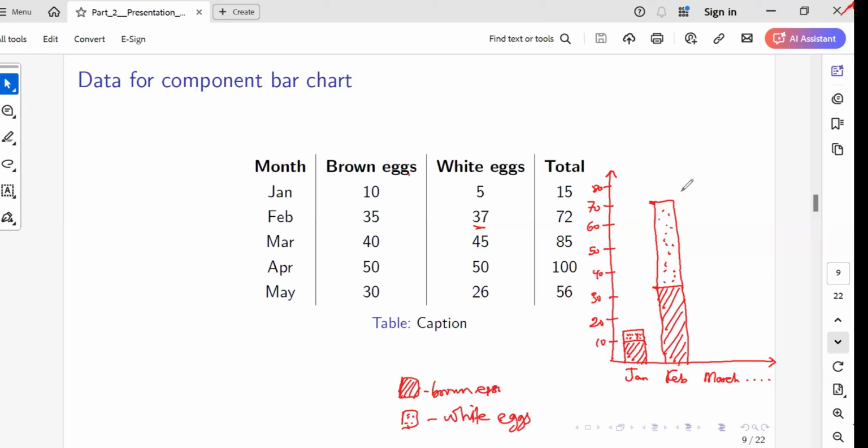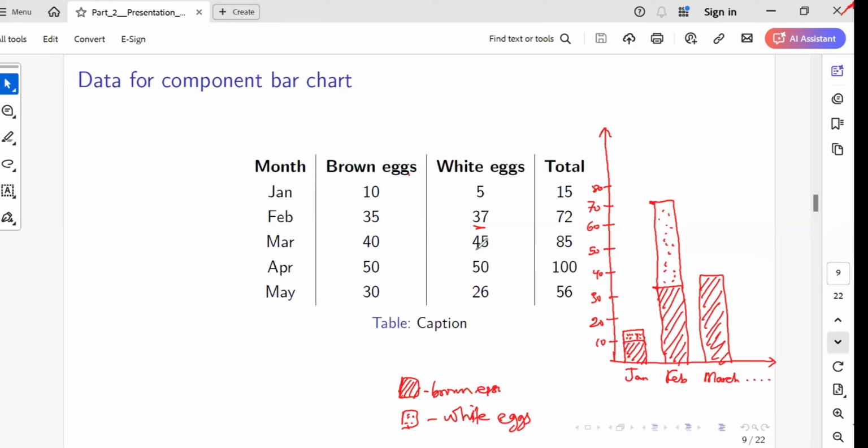Now for the month of March, I have 40 for brown eggs and then 45. I realize I even have to increase my y-axis length. It's still short. So with the components, you have to be very careful. You may have to be extending your y-axis as you go on, but if you're able to see it ahead of time, that's great.